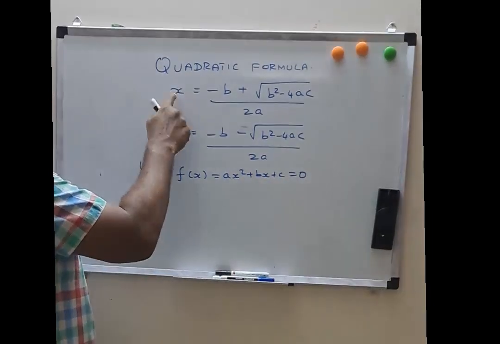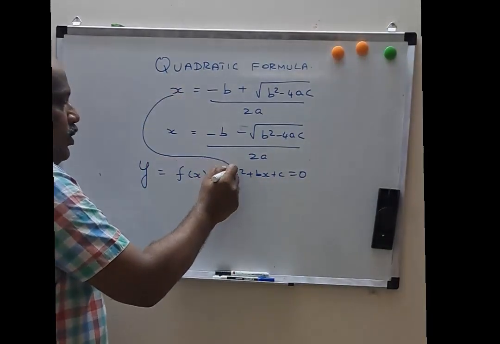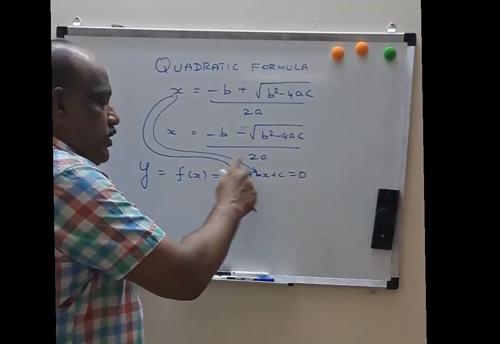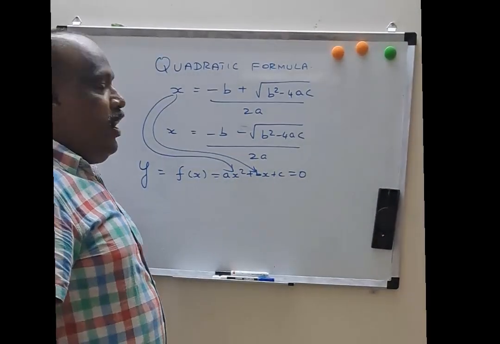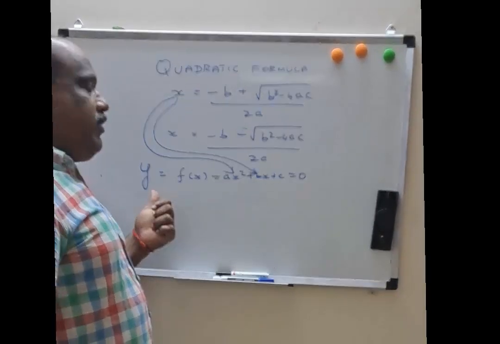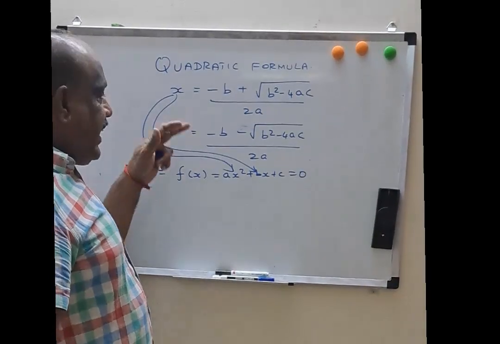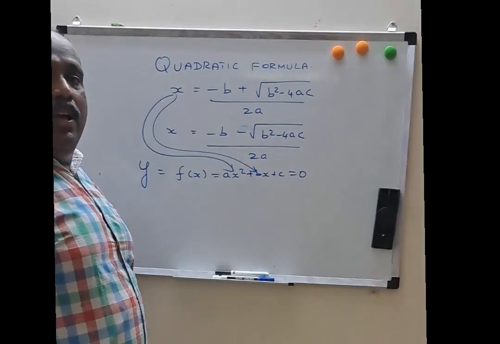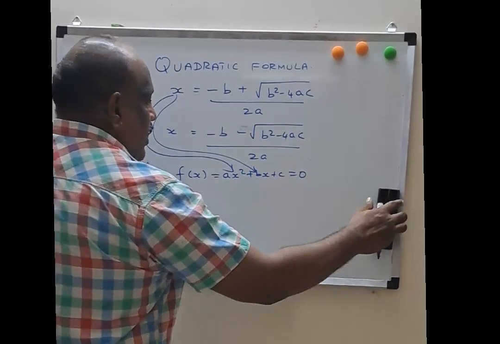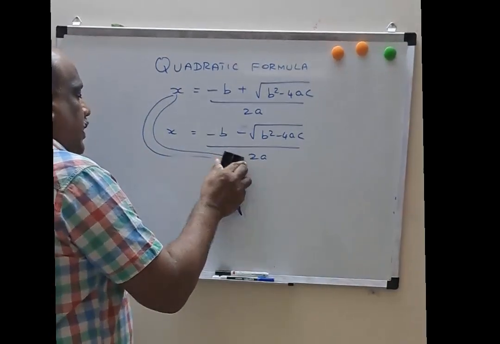If I substitute the value of x from here, or from the other equation, my value of y will be 0. Hence these are the formulas used to derive the roots of the given quadratic equation.